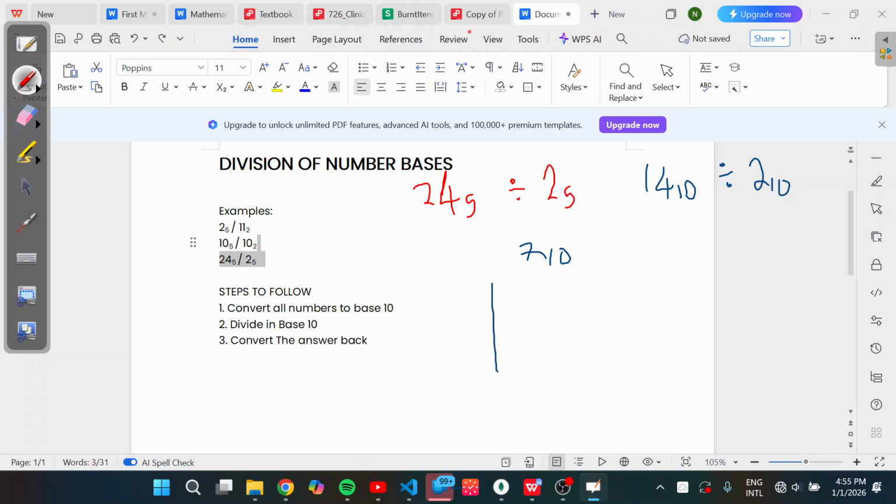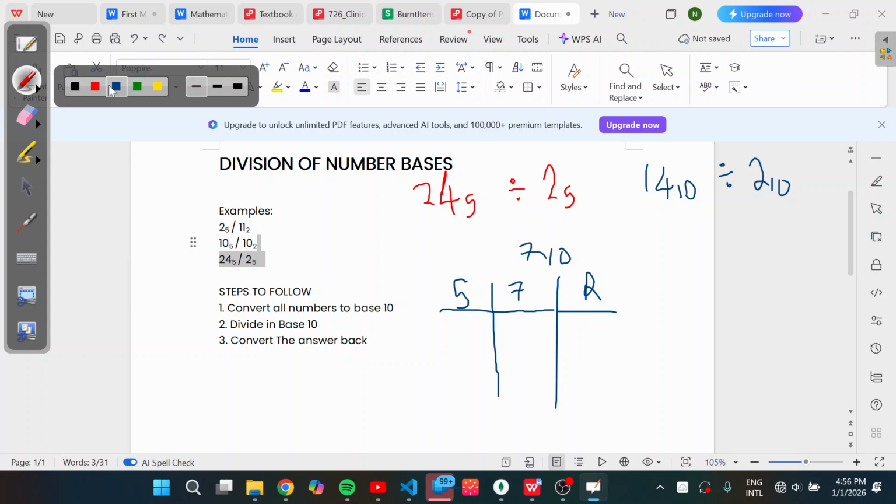So just remember what I taught you in the other couple of videos. So we'll have 7 here, and then we'll have 5 here. So we'll also have our remainders over here. Let me use a different color. Let me say black. 5 into 7 is going to give you 1, and a remainder of 2.